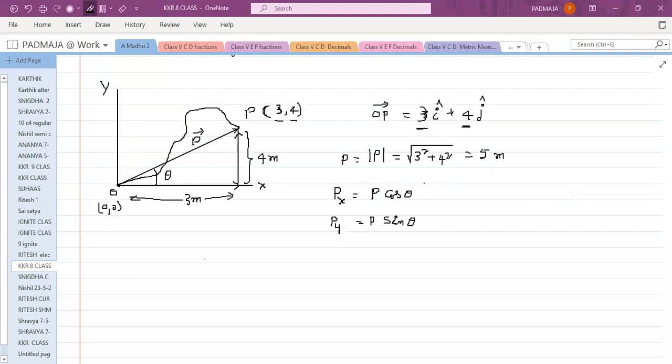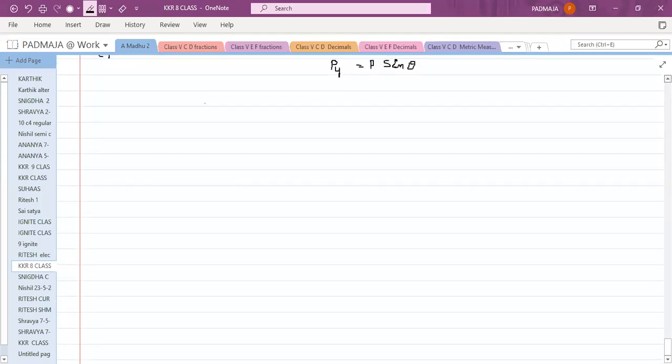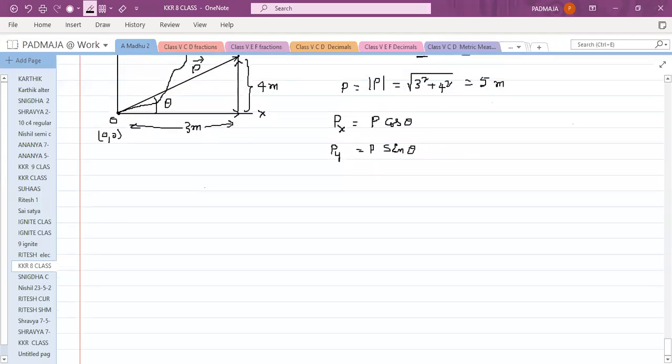So the x component of the vector P bar, Px, equals P cos theta. The y component of the vector is Py equals P sin theta. This is how we resolve the vector into its x component and y component. The x component is sometimes called the horizontal component, and the y component is called the vertical component.